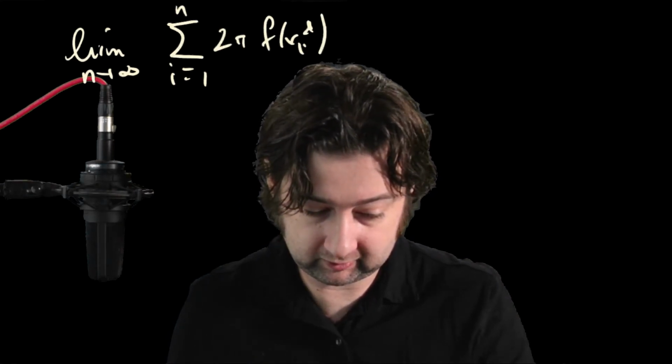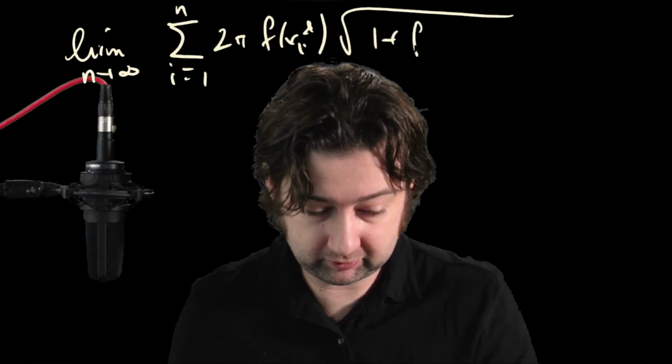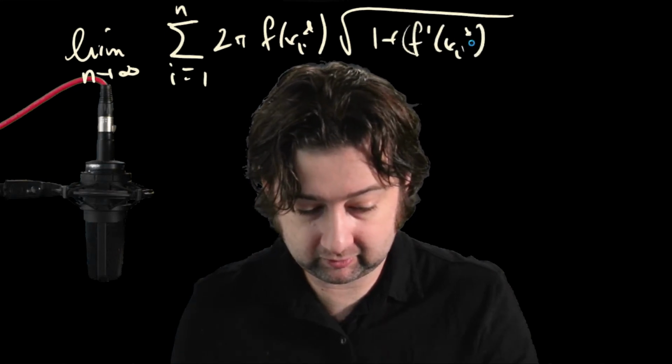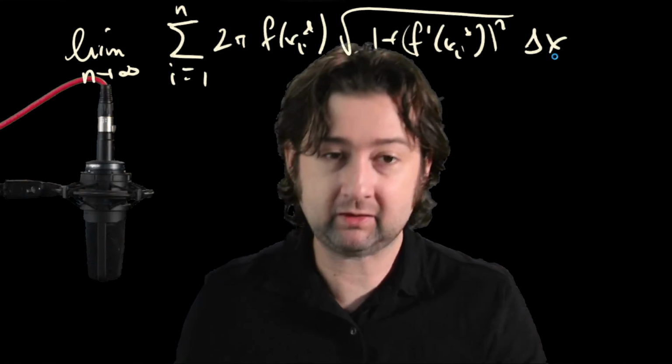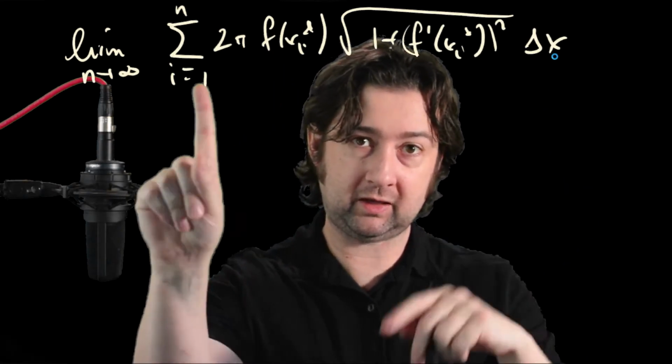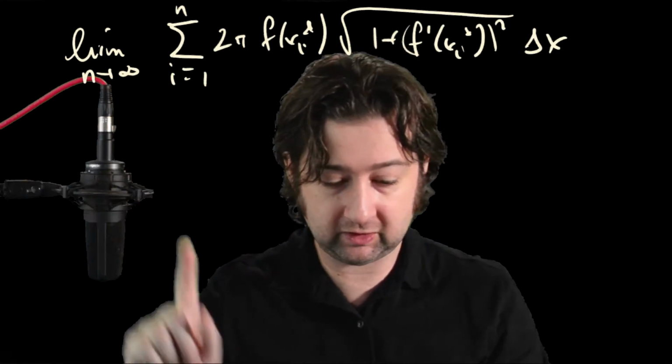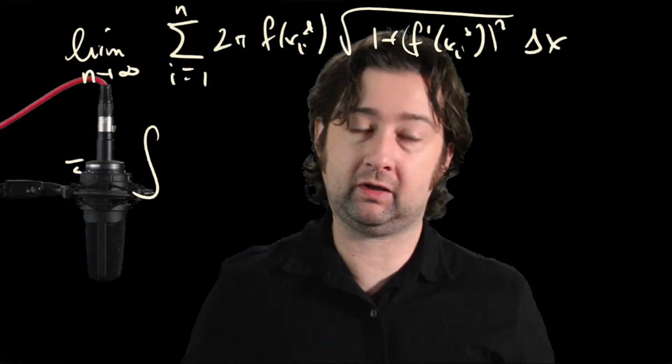So if I take the limit as n goes to infinity of the sum from i equals 1 to n of 2 pi f of xi star square root of 1 plus f prime of xi star squared delta x, that is the surface area of each of the bands added up, but I let the number of bands go to infinity, you end up with what's called the surface area integral.